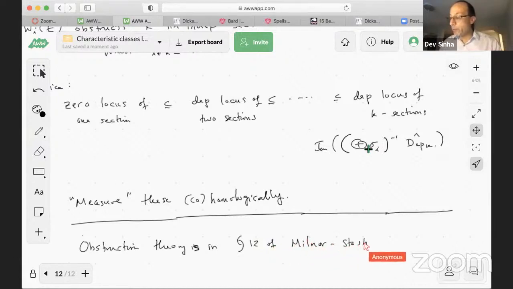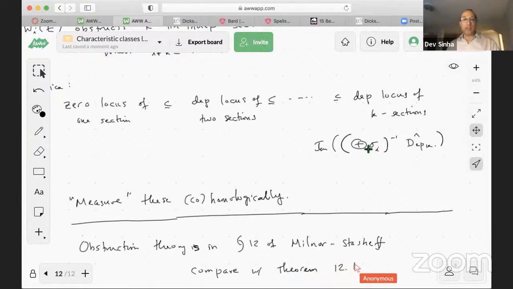And actually, a lot of what we did with Thom classes is really equivalent to section 11. So that's the reordering. You can compare, and we can make this a little exercise if you want, compare our definition with theorem 12.1 of Milnor and Stasheff. So that's just a guide.